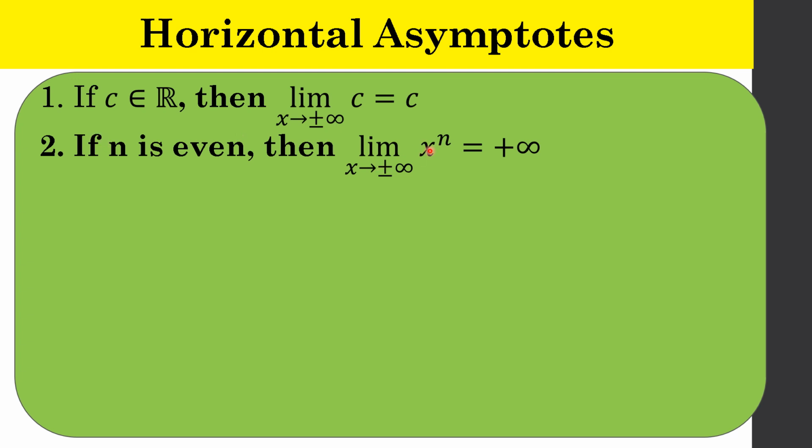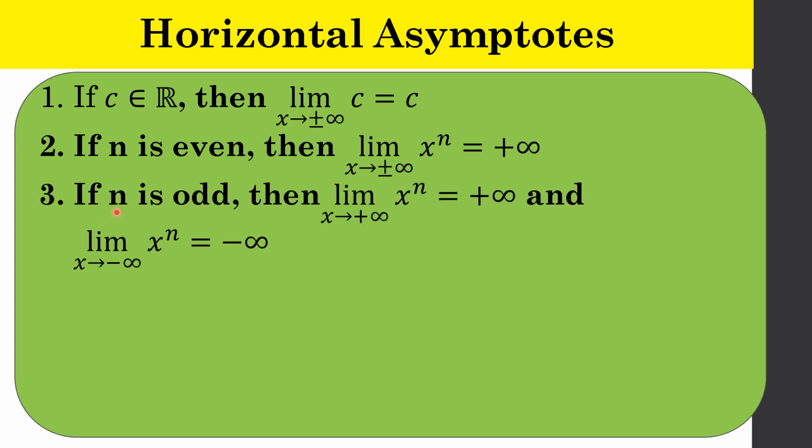So yung n na tinutukoy natin dito is the power of your function. Kung yung power ng function natin is even, ends with 0, 2, 4, 6, 8, then the limit is positive infinity. Okay? Number 3, kung odd naman daw yung power natin, then the limit is a positive infinity naman if x approaches to positive infinity.